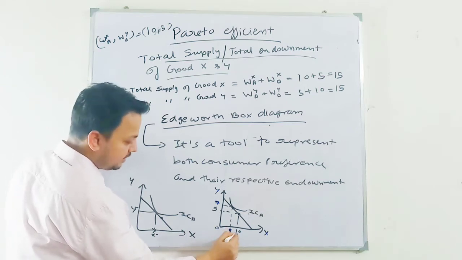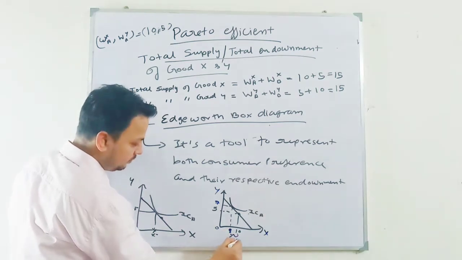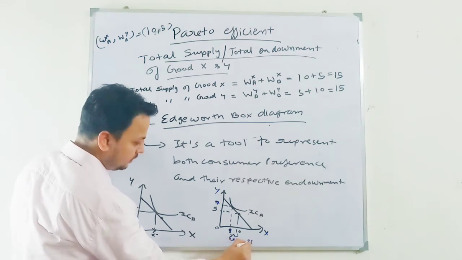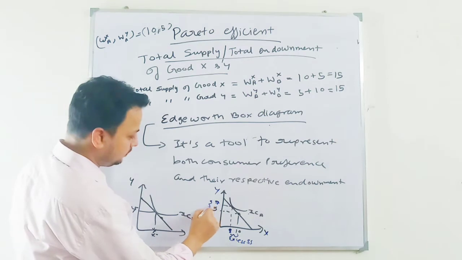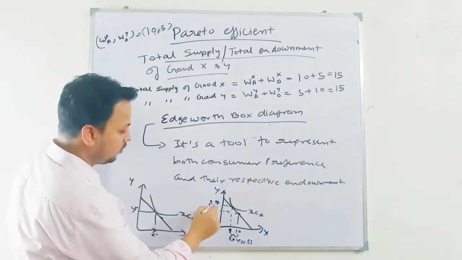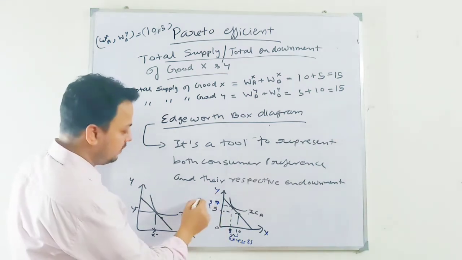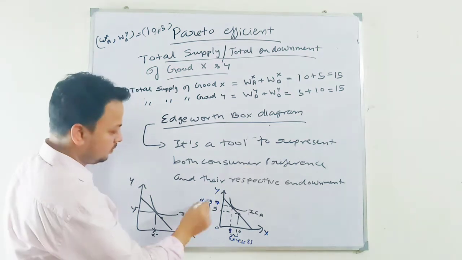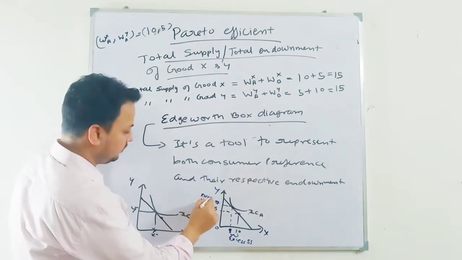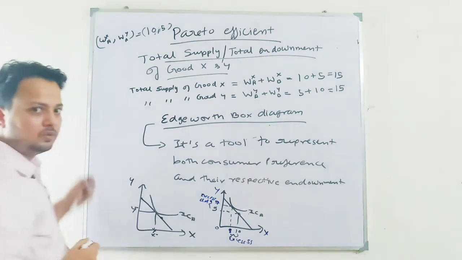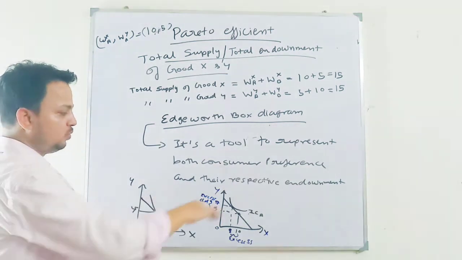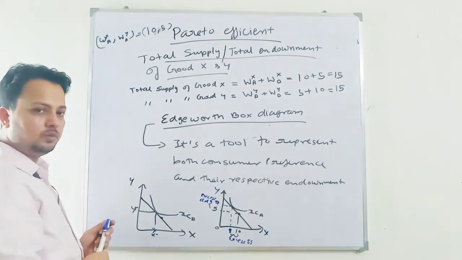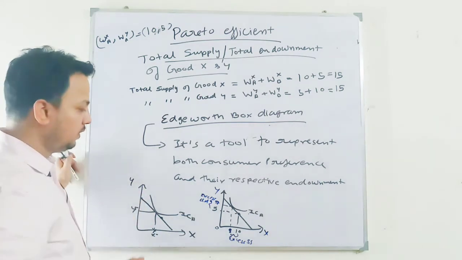So you have excess supply of good X. Here he only has 5 units of Y and wants to consume 2 more. So there is a demand, an excess demand. This is the one consumer case. The two consumer case is similar, and we are not going into that detail.